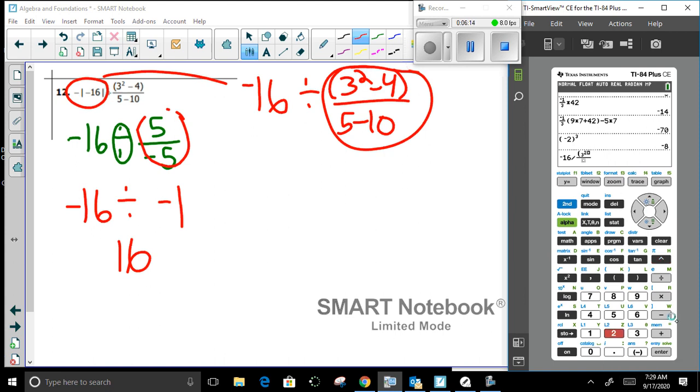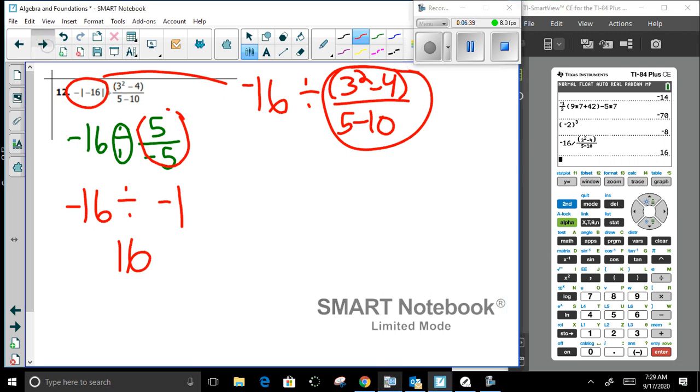Remember, my cursor's up there with the exponent. Use the over arrow. Minus 4, close parentheses. Use the down arrow, and then 5 minus 10. And I get positive 16, which is what I had. So you can always check yourself, okay?